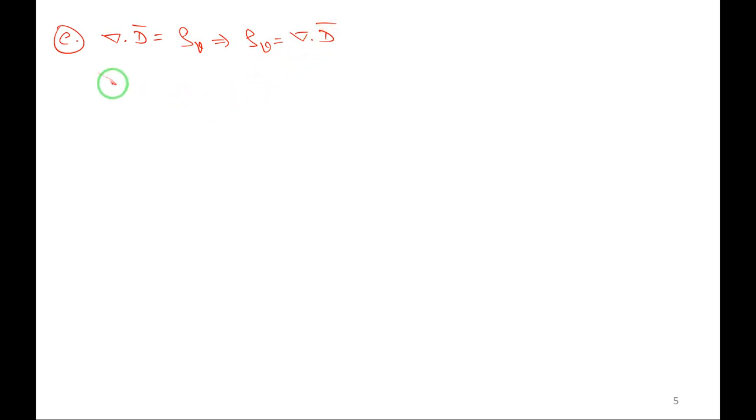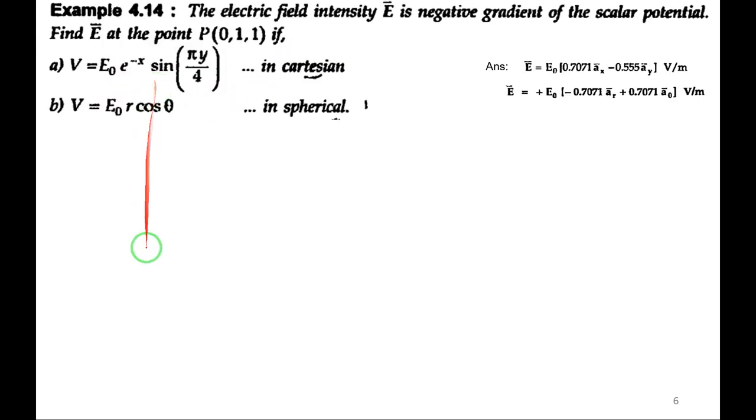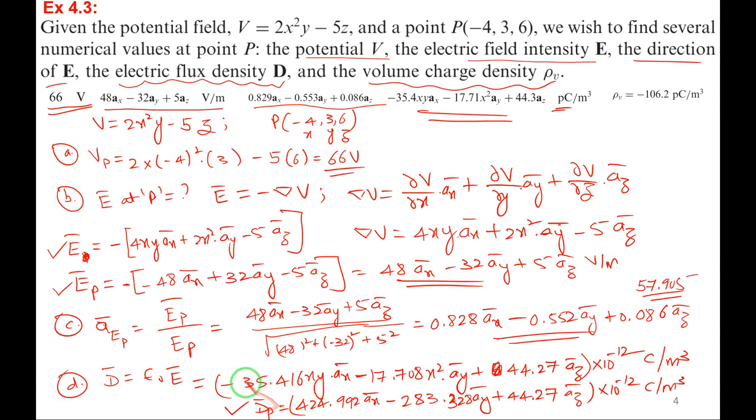So just I will write the D vector here once again. General D vector I will be taking, not at point P. This is at point P. So general vector I have to take, because I want to apply the divergence operator on this.